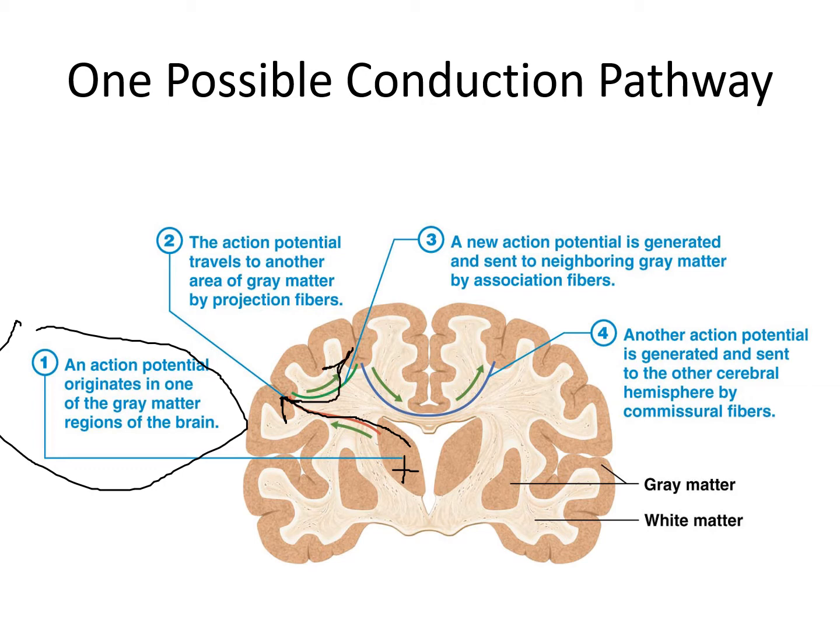Then finally, another action potential is generated and sent to the other cerebral hemisphere by the commissural fibers. That crosses over. So in this brief example, we've demonstrated how the 3 different fibers can work together to allow the brain to communicate with other parts of the brain. Of course this is a very simplistic view, but that gives you an idea of what is occurring during communication within the brain.